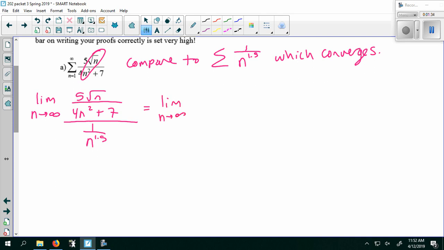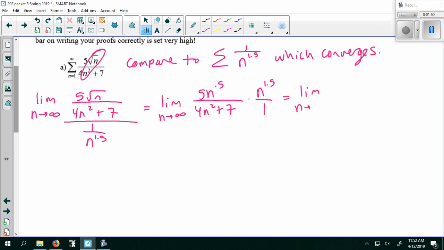Okay, so I have 5n to the 0.5 over 4n squared plus 7, and I'm going to multiply by the reciprocal, n to the 1.5 over 1.